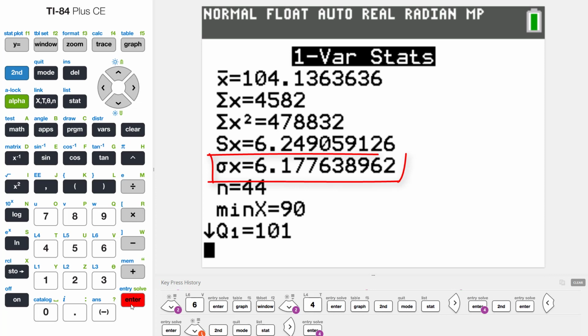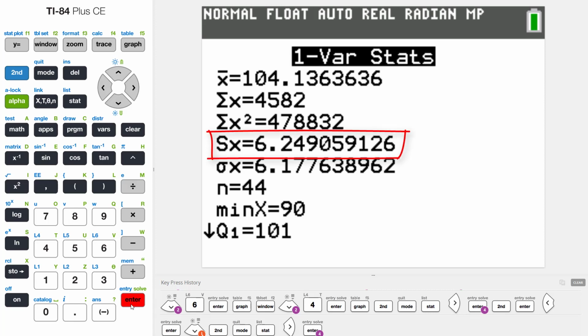And sigma x is the population standard deviation. Why do they add this subscripted x? Well, because you can do this for bivariate data. In other words, you can do it for two lists at once. And so they are distinguishing between the standard deviations for the x values and for the y values. Anyway, there you have your sample standard deviation and your population standard deviation.